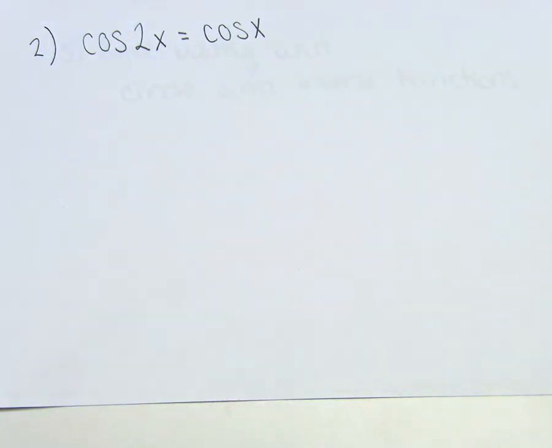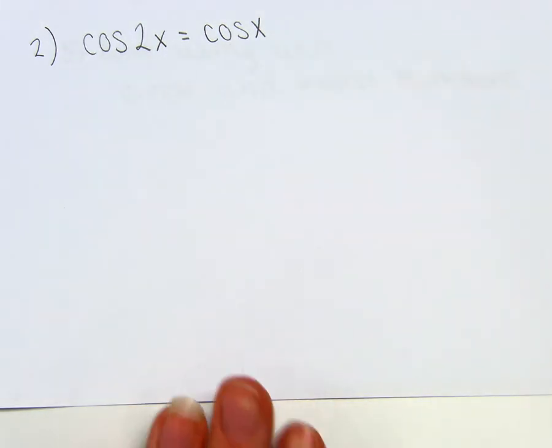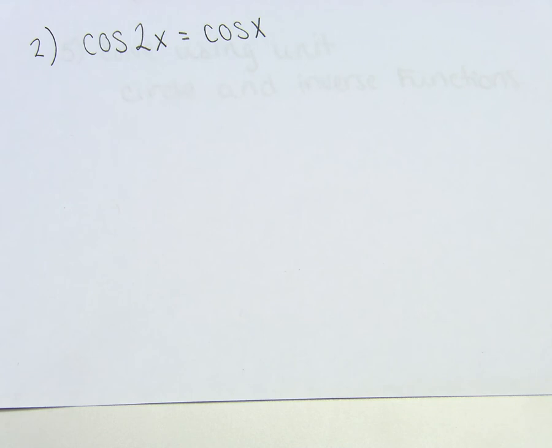Cosine 2x equals cosine x. So you should identify that cosine 2x is a trig identity. And you have the trig identities that I gave you in your notes, but I'll also show them to you.